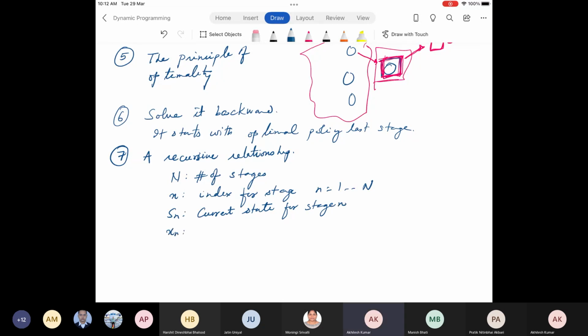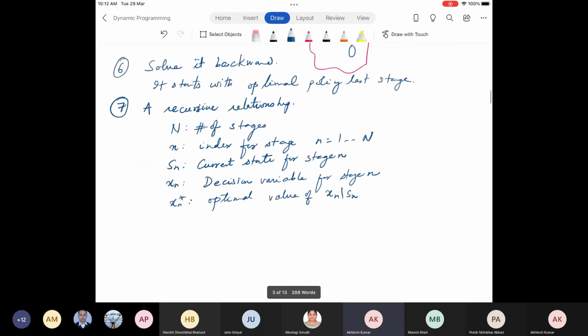Xn is the decision variable for stage n. And Xn star will represent the optimal value of Xn, given the state, which state it is in.